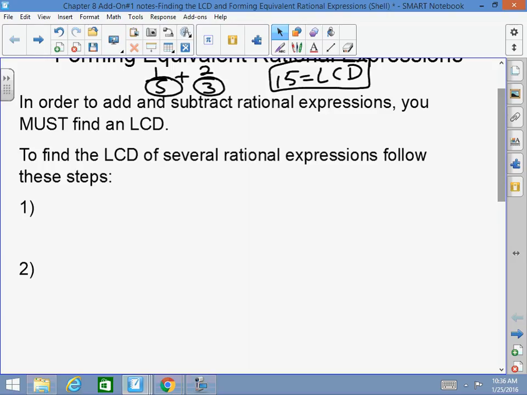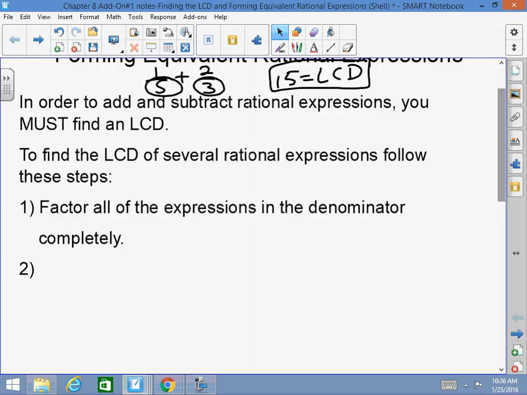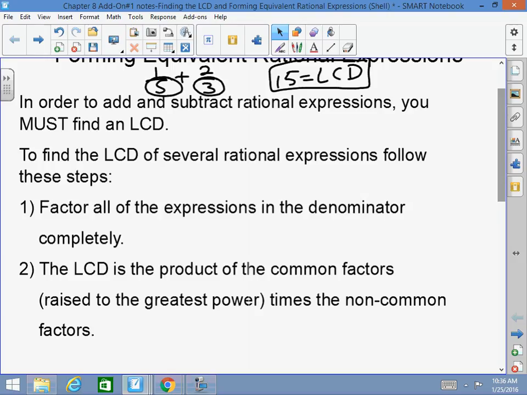So to find the LCD of several rational expressions, follow these steps. Number 1, factor all of the expressions in the denominator completely. So again, guys, if you don't know how to factor, it's going to hurt you.